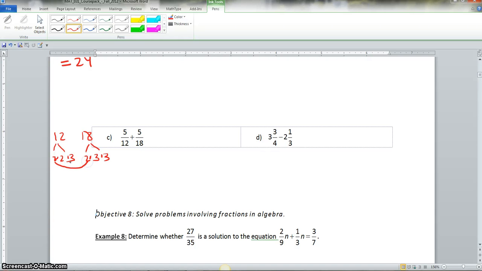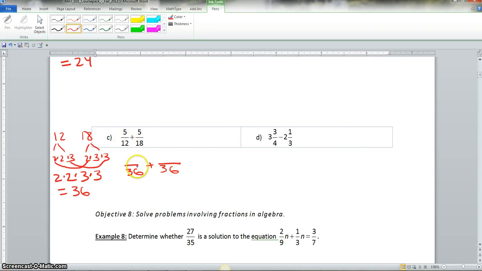Now they have one 2 in common, one 3 in common. So you would write that 2 once, then bring down the 2 that did not match up, and write the 3 once. And it'd be another 3, because this 3 did not match up. So your least common denominator is 36.